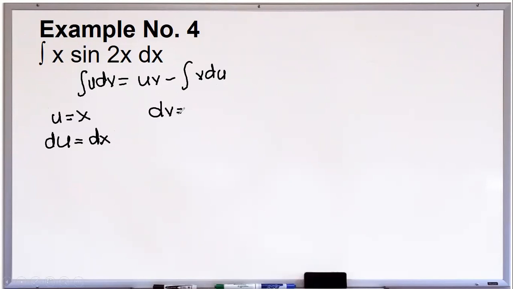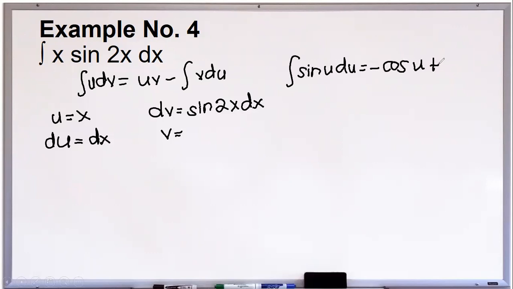Derivative of v. So, kung ano yung natira? Sine 2x dx. Okay, so, ang v natin, kung naalala nyo, ang integral of sine u du, which is equal to negative of cosine of u plus c, di ba? So, yan yung formula na natin.